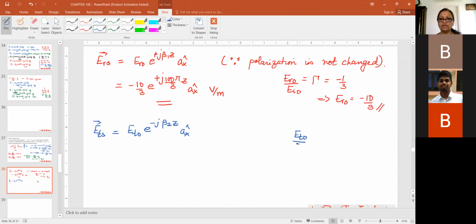ET naught by EI naught is the transmission coefficient, which is 2 by 3. Therefore, ET naught will be equal to 20 by 3. So put that here: 20 by 3 into e to the power of minus j, and beta 2 I have calculated is 2 times beta 1, therefore 200 pi by 3 z along the ax cap direction, volts per meter.